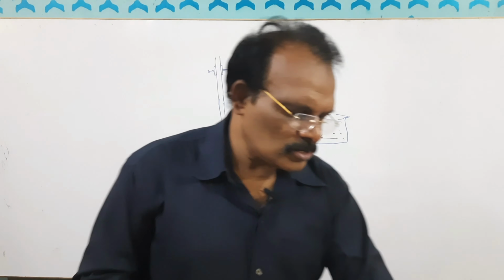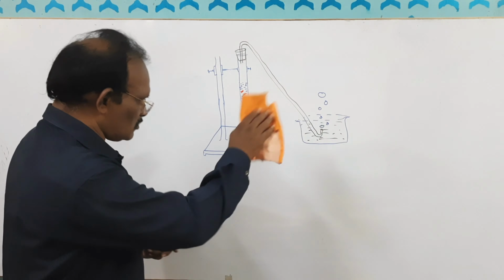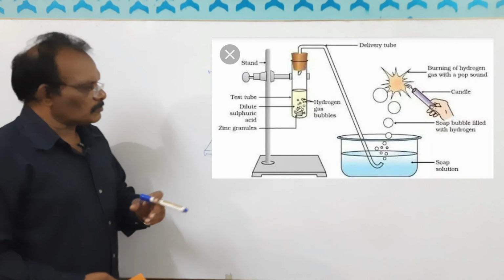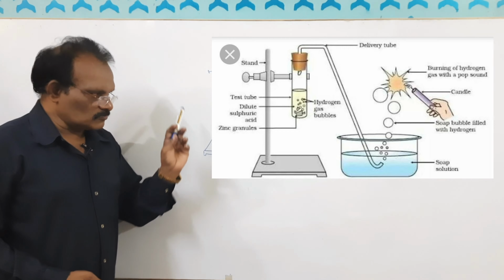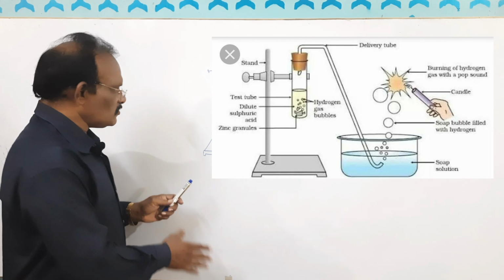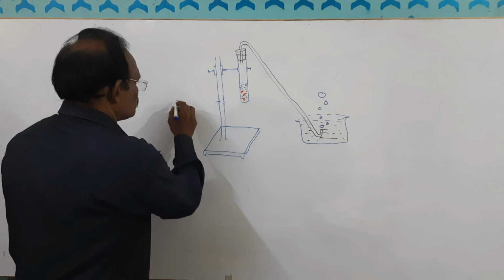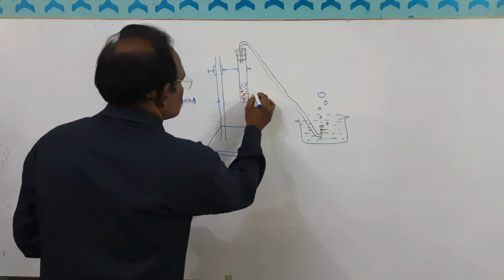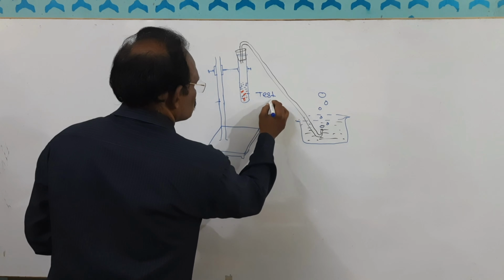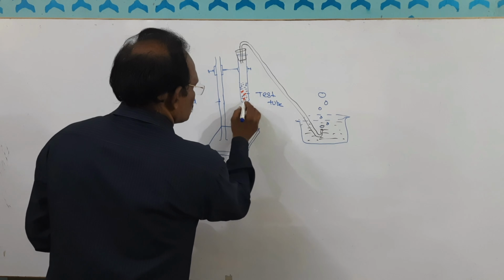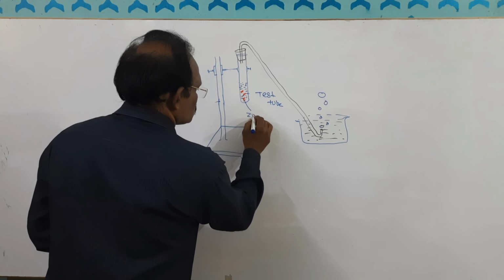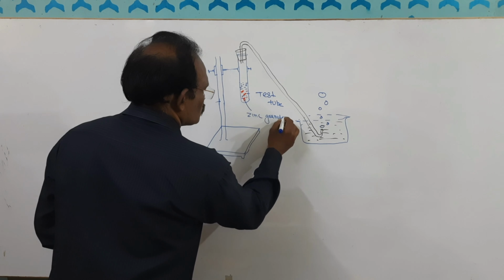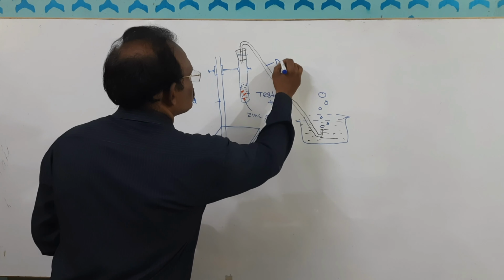So at last, what we have learned with this setup: I have drawn it, but in the book the setup looks like this. The complete setup is like this. So we will write some names. This is a stand. This is a test tube. The red one is zinc granules. This is the delivery tube.